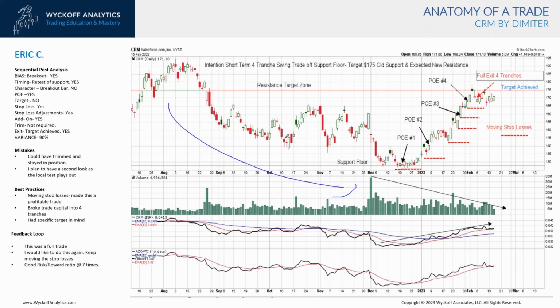So our initial bias is going to be to the downside, but that has to be confirmed or fail. It looks like there's already a well-defined trading range showing us a support and resistance.